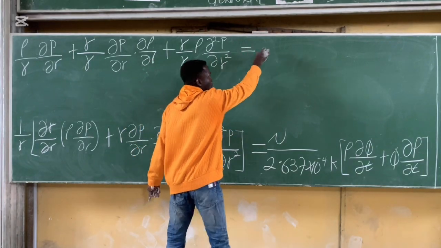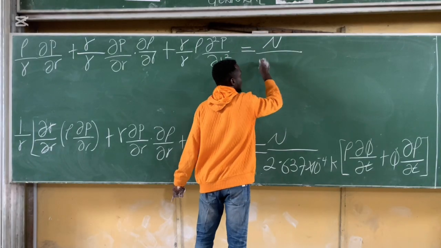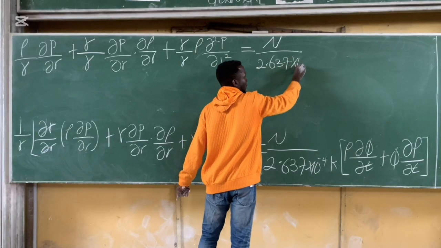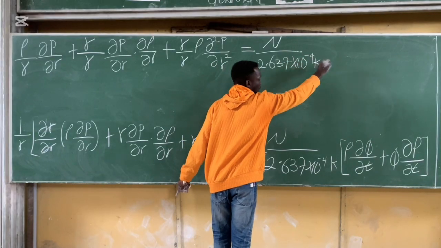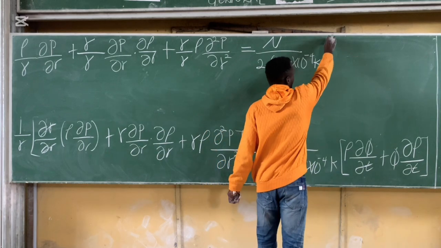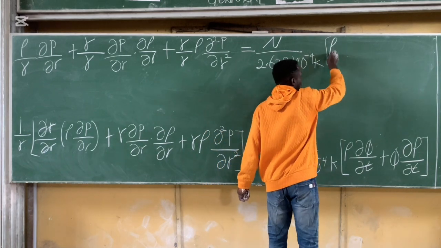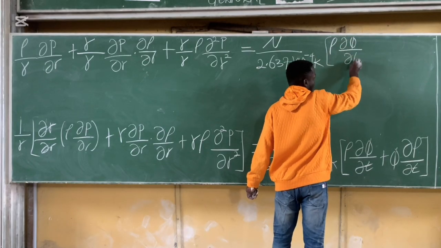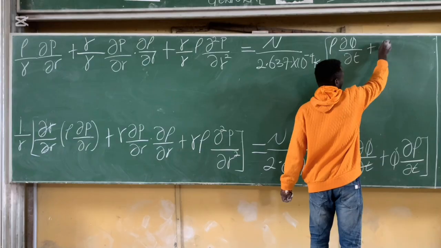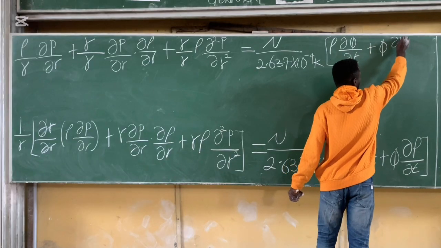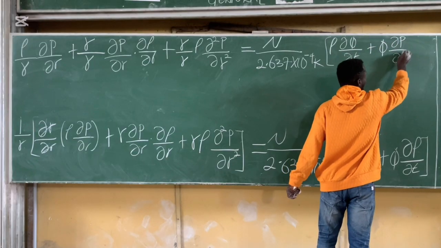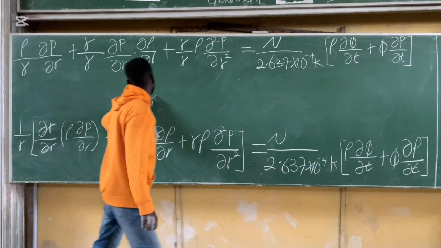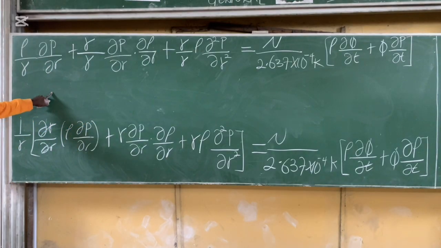This will be equal to mu divided by 2.637 multiplied by 10 raised to the power of minus 4 k into rho d phi divided by dt plus phi dp divided by dt. We are going to have this. So let's cancel out. Here there's nothing to cancel out.